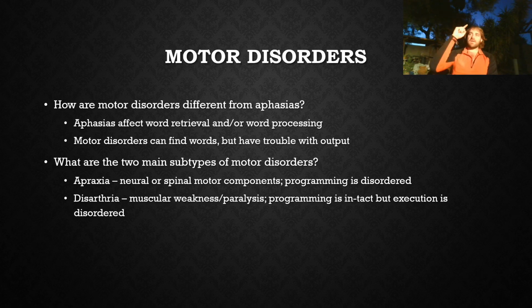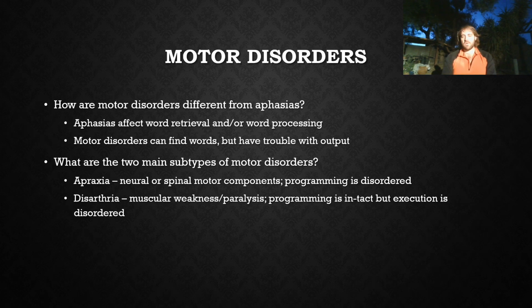Aphasias affect the cognitive idea to the word, and apraxia affects the word going to the body. There's something wrong with the motor program of how to say that word or group of words.